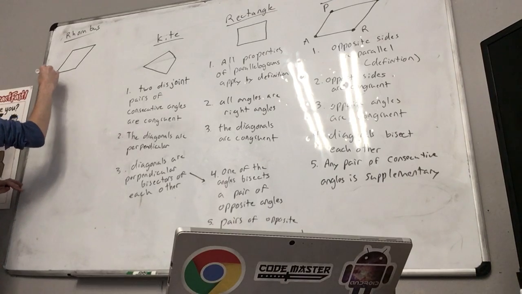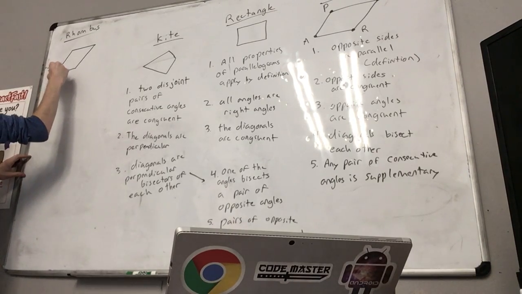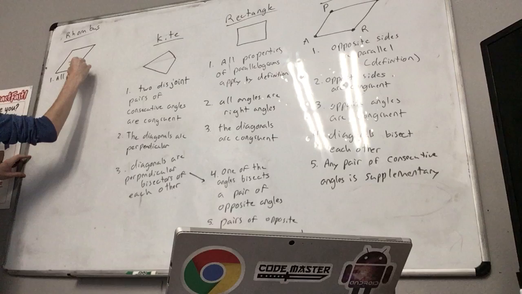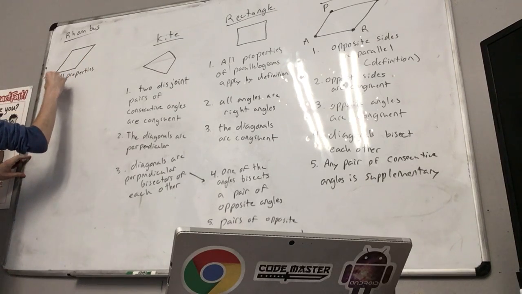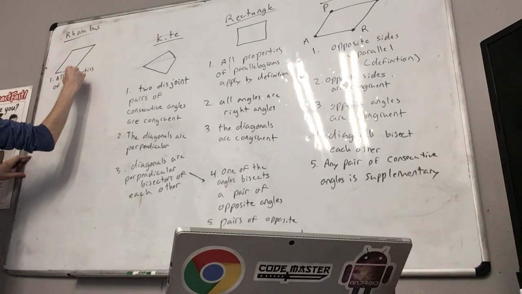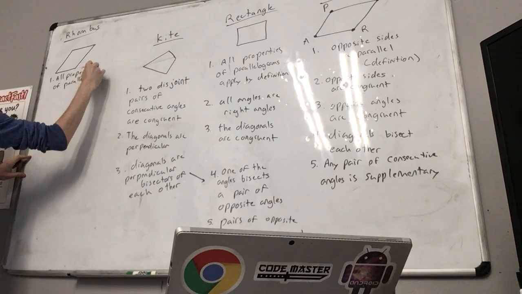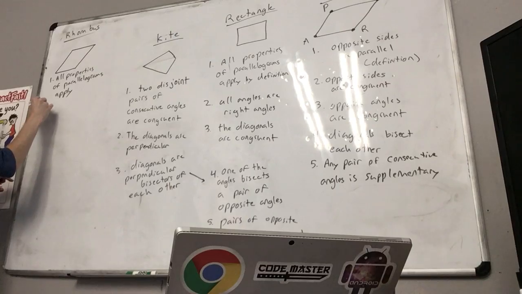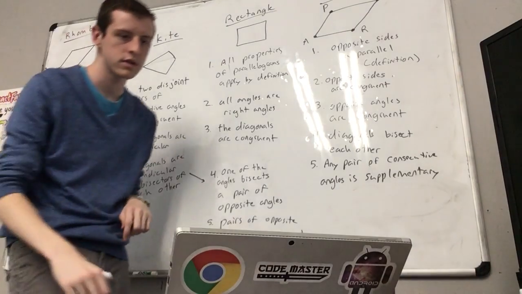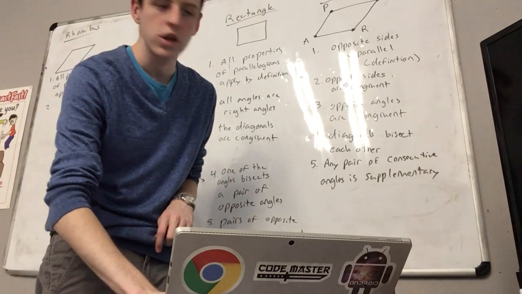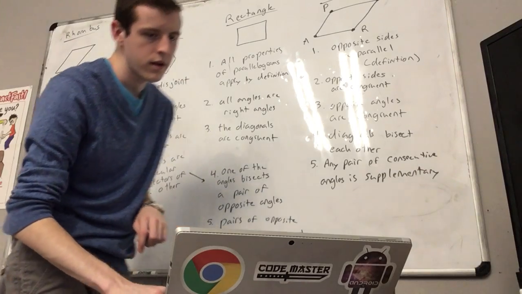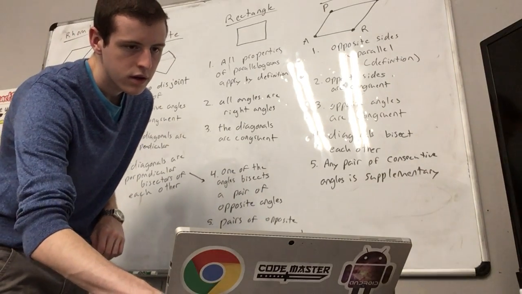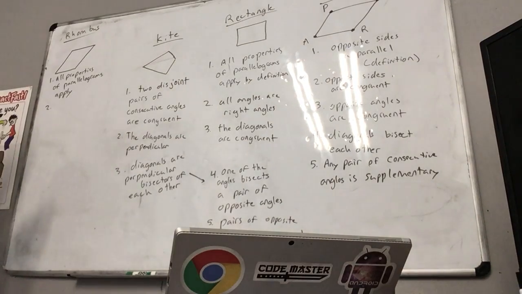So we can say the same thing from before with rectangle. All properties of parallelograms apply by definition. All properties of kites apply by definition.